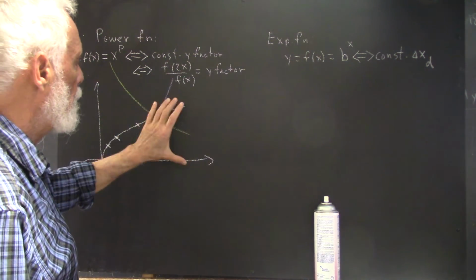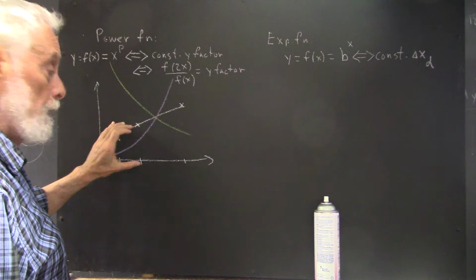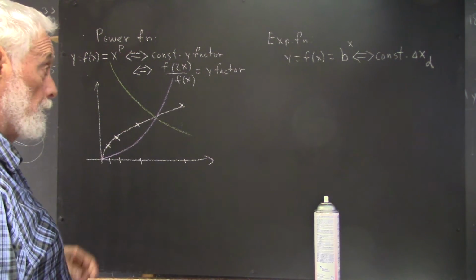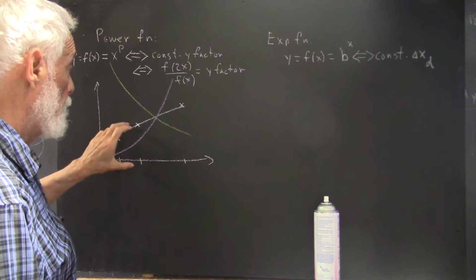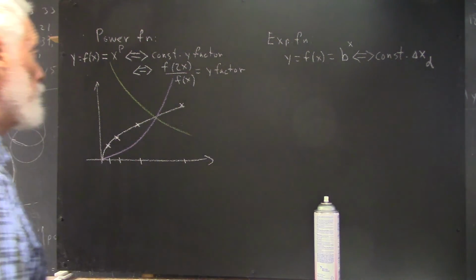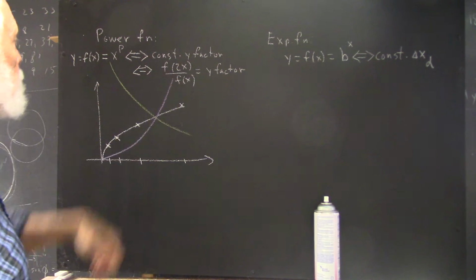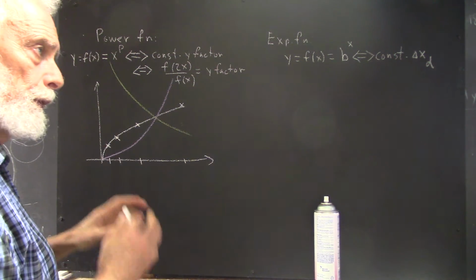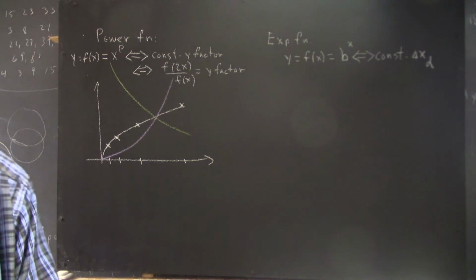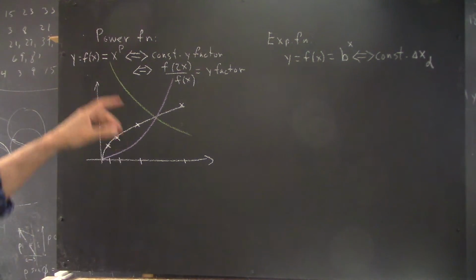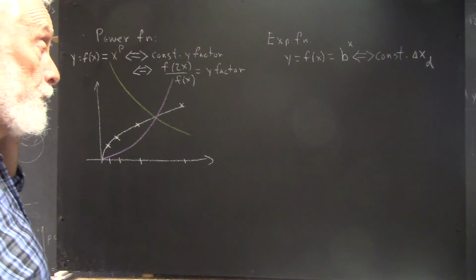So f of 2x divided by f of x, for this graph where we had a y factor of 3/2, this should be 3/2 of this. If I divide this by this, I should get 3/2. So we have this relationship, which we should not only remember, but completely understand in terms of what it's telling us about this power function.